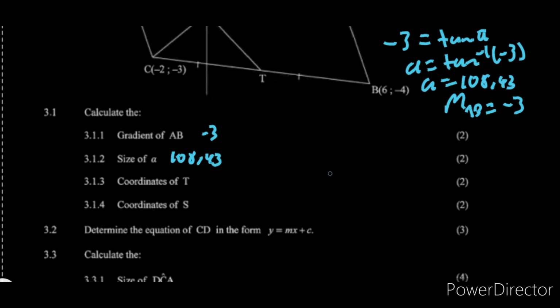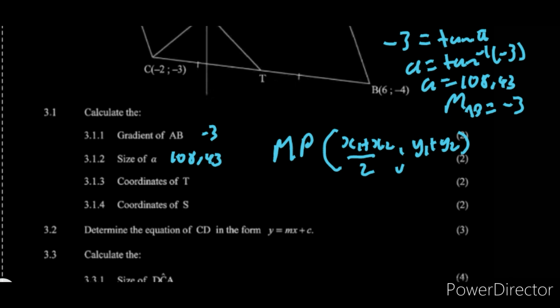We know that when we want to find the midpoint, we write it in coordinate form, just like writing a, for instance. Let me just rewrite it. This is just an example. The midpoint will be x1 plus x2 divided by 2, and then y1 plus y2 divided by 2.